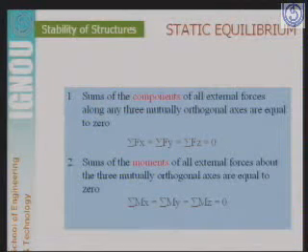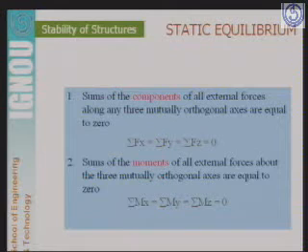So friends, you can see that there are two conditions written here for static equilibrium. The sums of the components of all external forces along any three mutually orthogonal axes are equal to 0. It means that sigma Fx equals 0, sigma Fy equals 0, and sigma Fz equals 0.